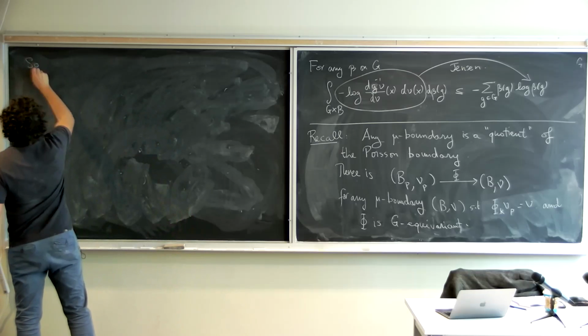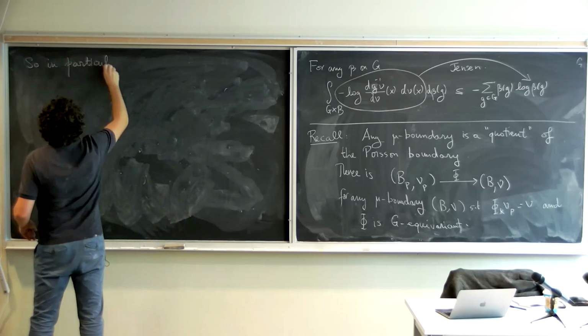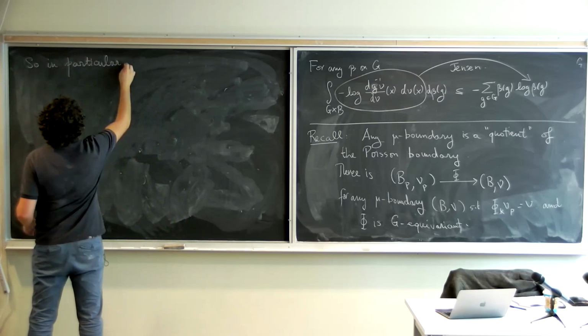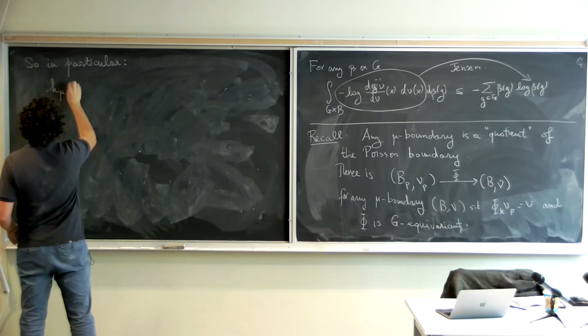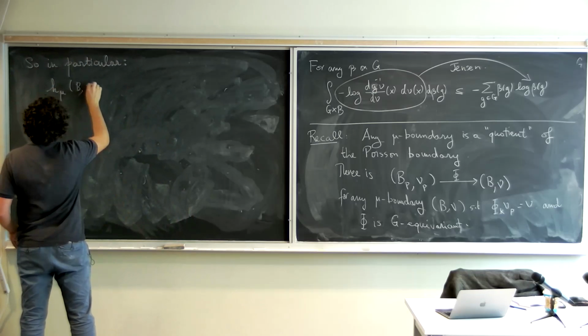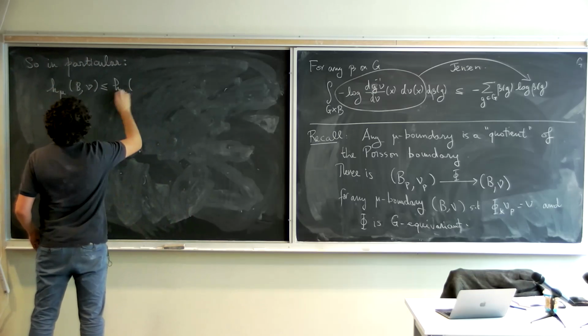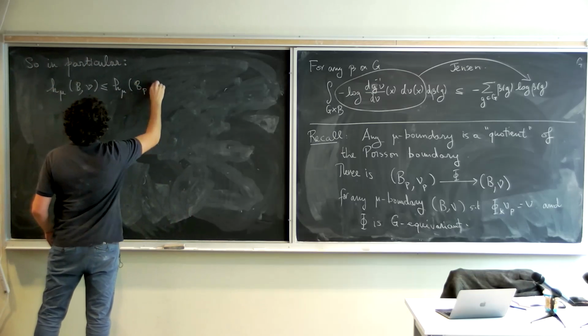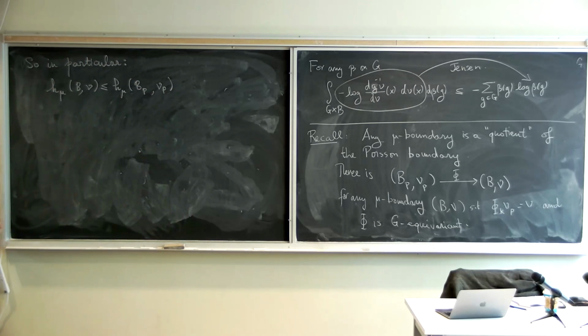So in particular, if you compute the Furstenberg entropy, H mu of B nu is less or equal than H mu of B P nu P. And the Poisson-Furstenberg boundary is a mu boundary, so it's a mu space.